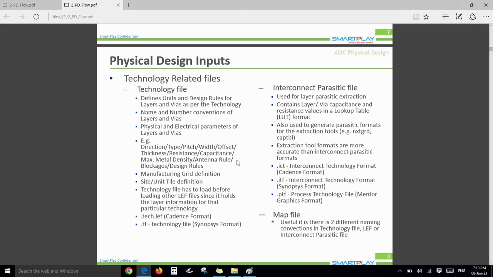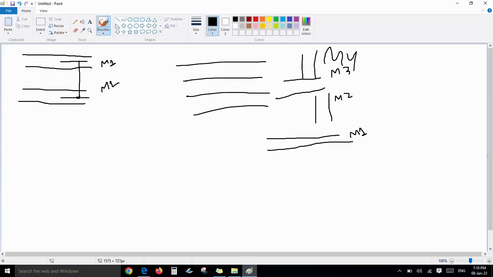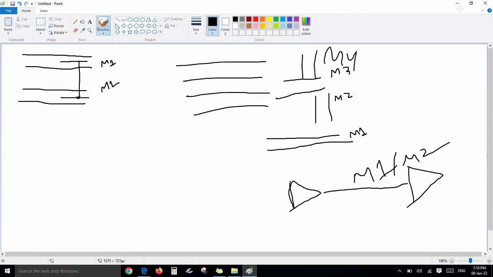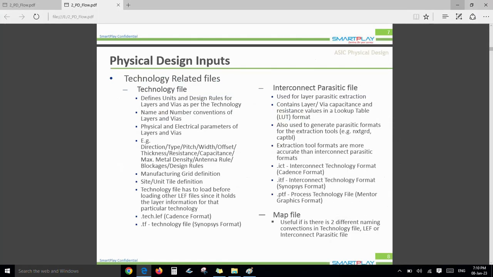So interconnect, like as I said, QRC tech file. In this QRC tech file it will contain all the layers and capacitance of the interconnects, like which layer interconnect I need to place. So if you take this buffer, from this buffer, which layer, how much M1 or M2, which layer I need to use. Everything in that information you need to get.